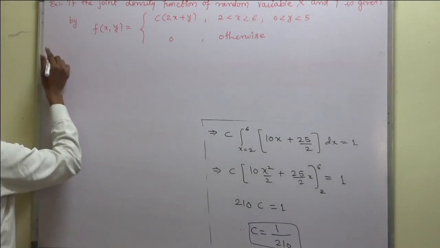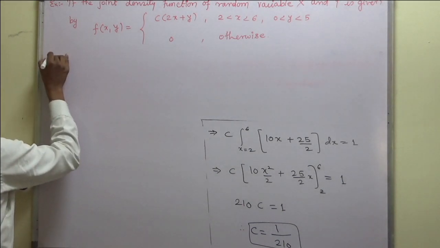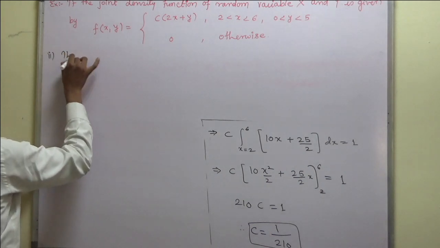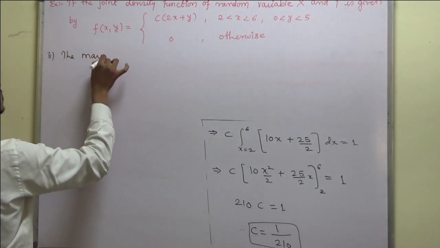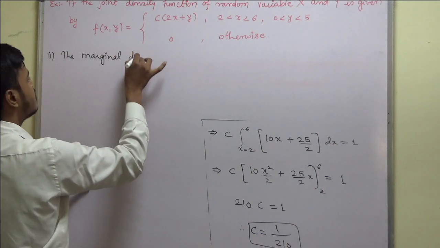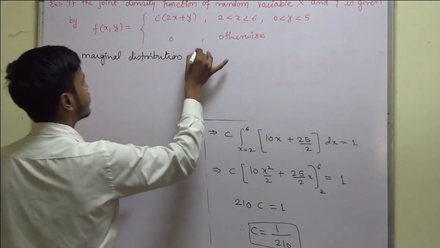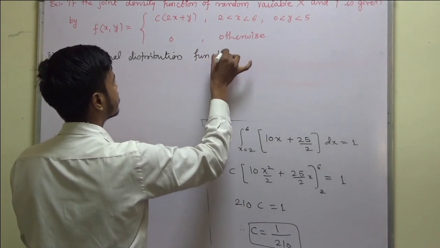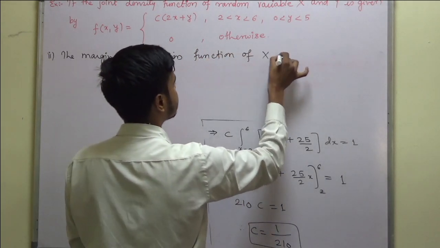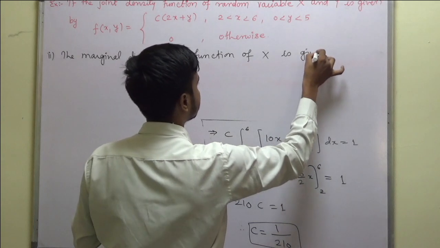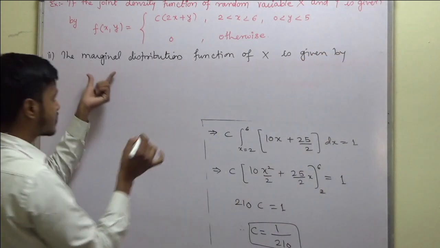So first of all, we'll find the marginal distribution function. The marginal distribution function of x is given by, this is the distribution function.